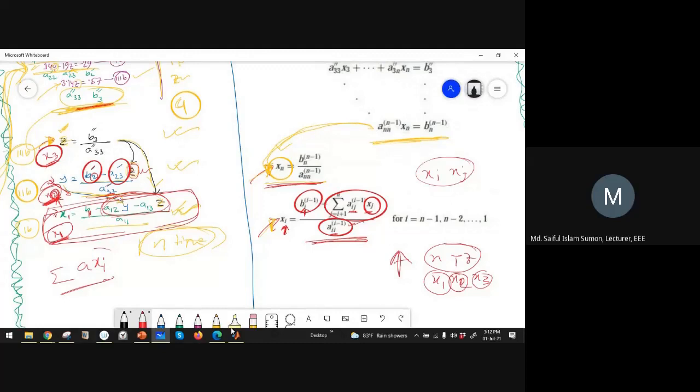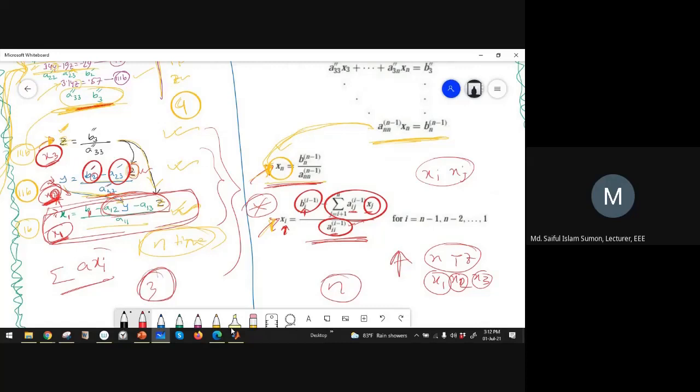I don't know, probably it may be tough for a few of you, so it doesn't matter. My ultimate target is to get something like this, one general term. If you think by yourself also, you will be able to relate between them, because this is for only 3 variables and this is for n variables.